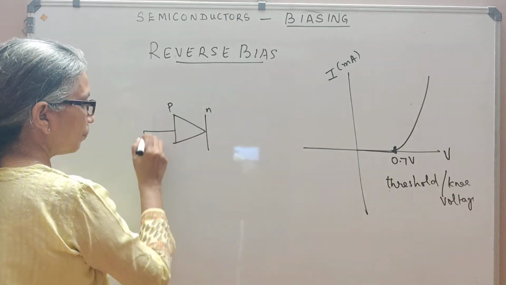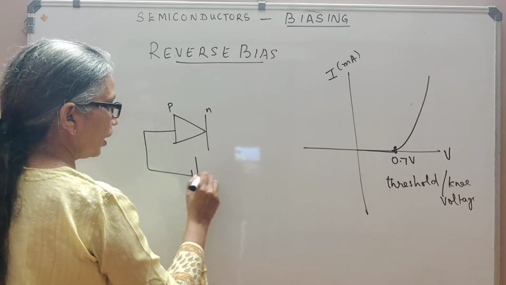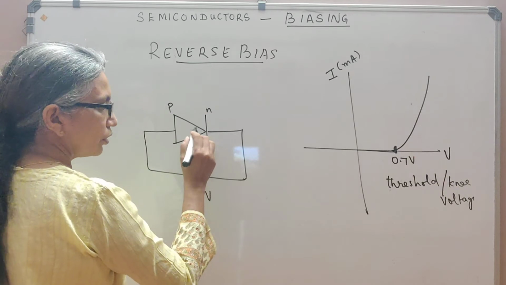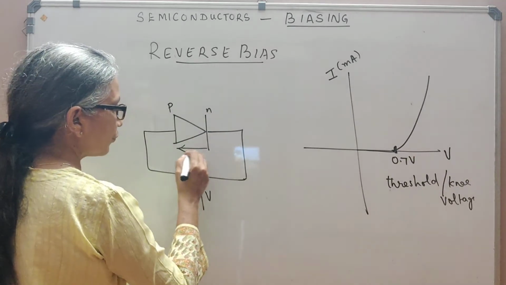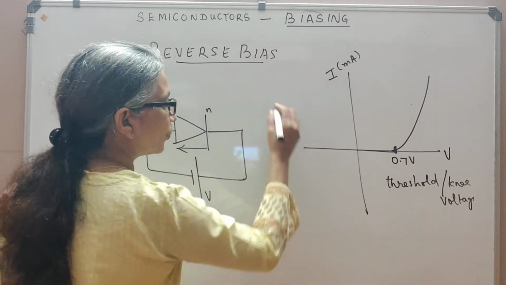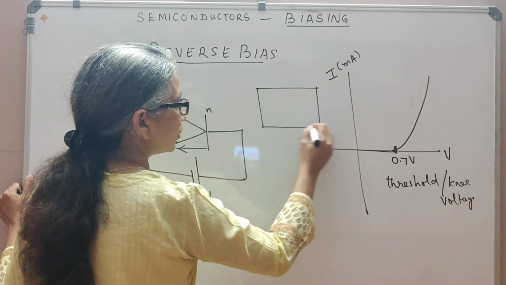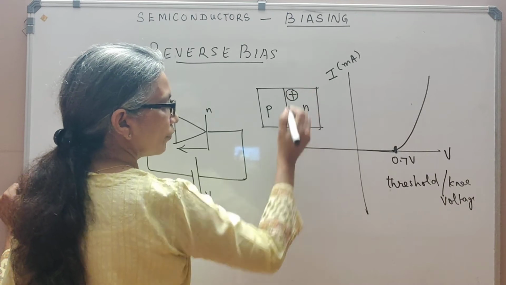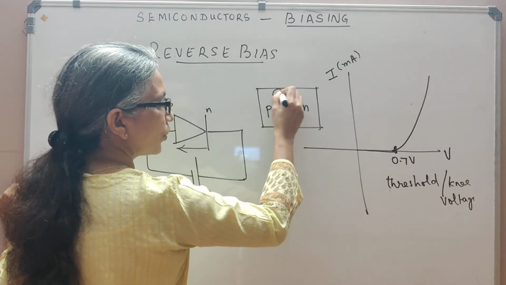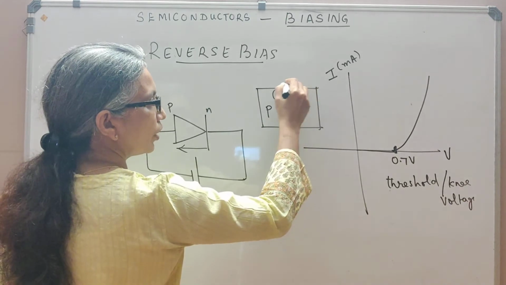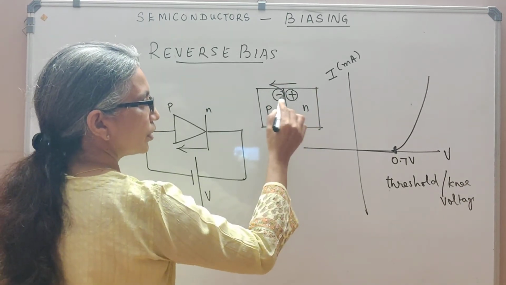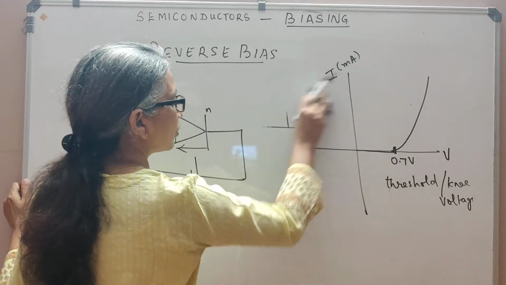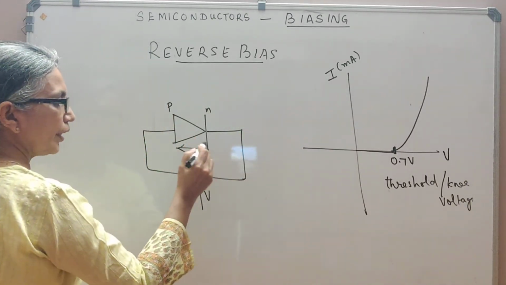We connect the P to the negative terminal and the N to the positive terminal, so that the potential barrier is always from N to P, because I hope you remember that in your semiconductor diode, if this is N and this is P, here is where we have the positive ions and here is where we have the negative ions. So your electric field is in this direction, potential is higher here and lower here. So that's the potential barrier we are talking about, from N to P.